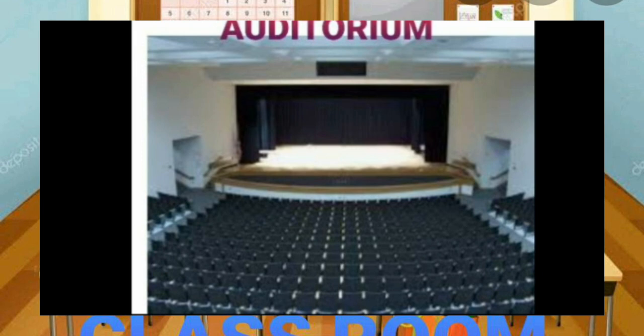This is an auditorium. Various cultural activities, festivals, cultural programs and competitions can be held in the auditorium on the stage. Here the pupils sit on chairs, or they can sit down also. And there is a green room for the performers.